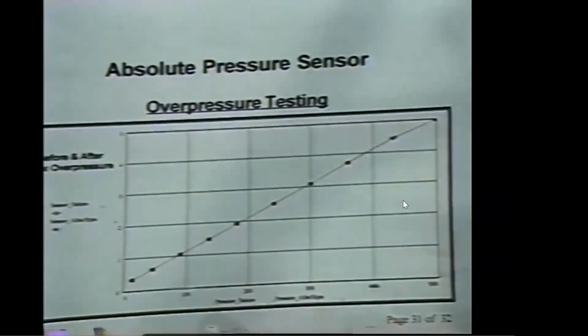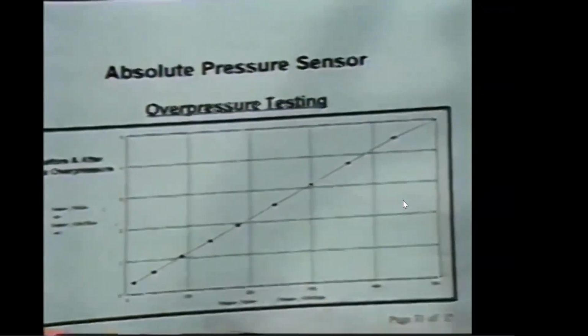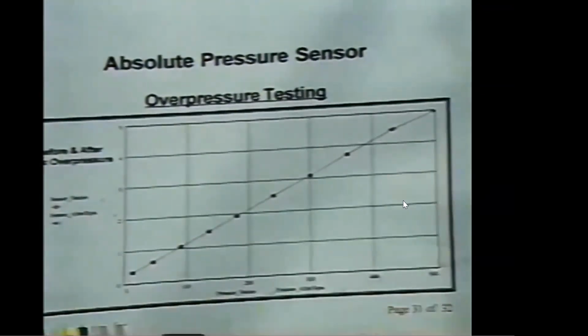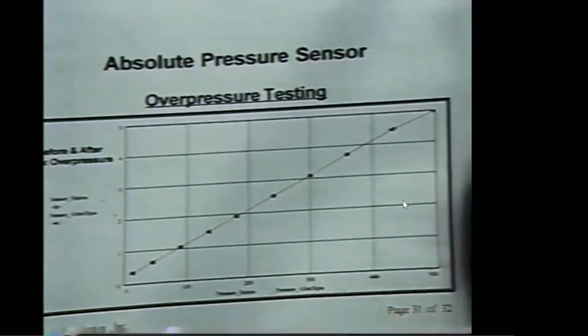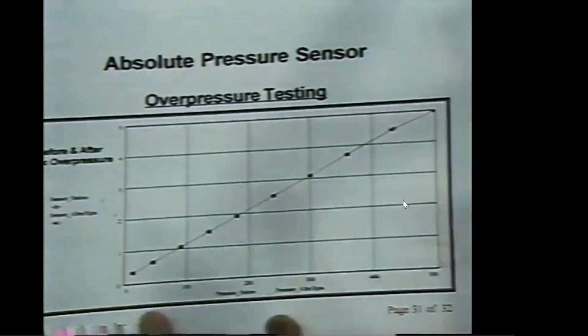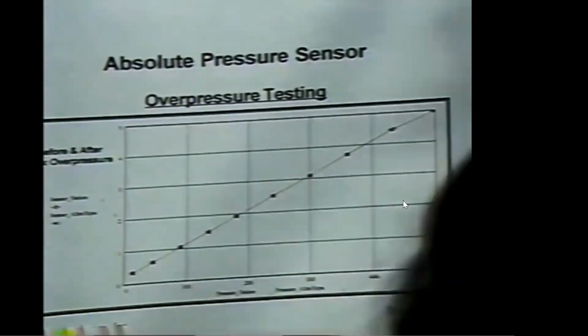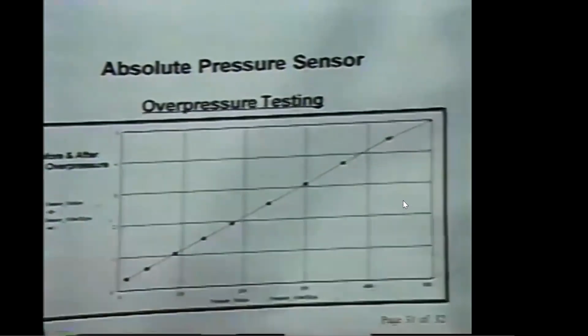In this case, I'm showing a 500 PSI pressure sensor before and after it was overpressurized 6 times its rated value of 500 PSI. In other words, 3,000 PSI. We could have gone higher, except that our testing equipment didn't allow us to go higher than 3,000 PSI. So in a nutshell, again, you can see that there's very little difference between before and after the 6 times overpressure.